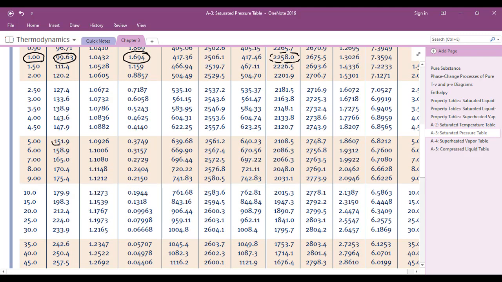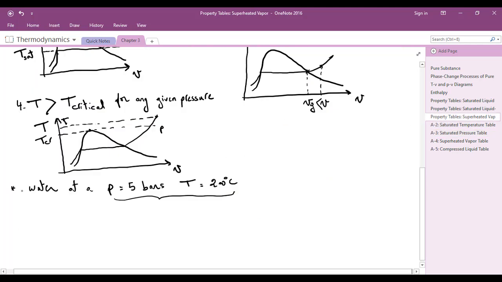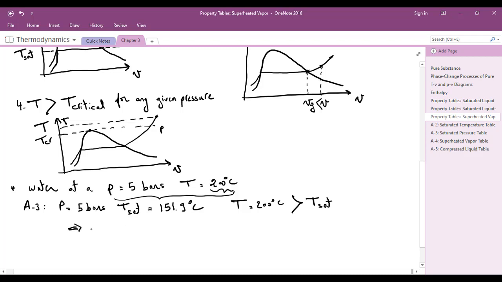From table A3, at a pressure of 5 bars, the saturation temperature is equal to 151.9 degrees Celsius. So the temperature T, equal to 200 degrees Celsius, is higher than the saturation temperature, which means that it's a superheated vapor.